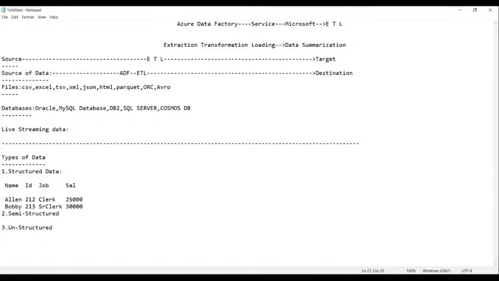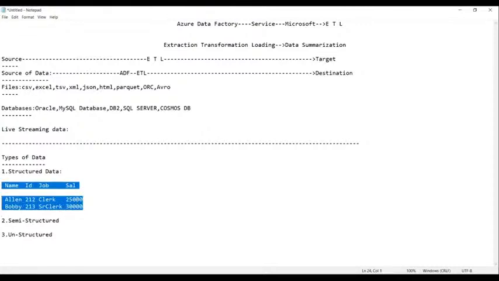Likewise we have all the data. This data is properly kept in the form of rows and columns. Getting my point, all of you? This kind of data is called structured data.